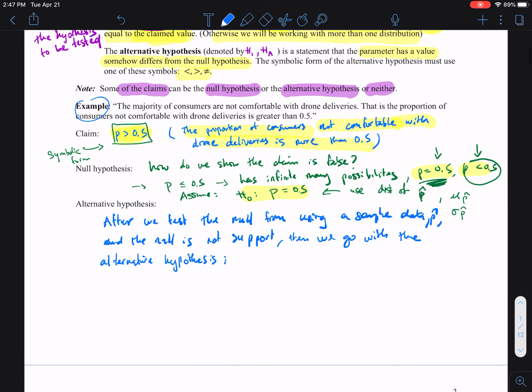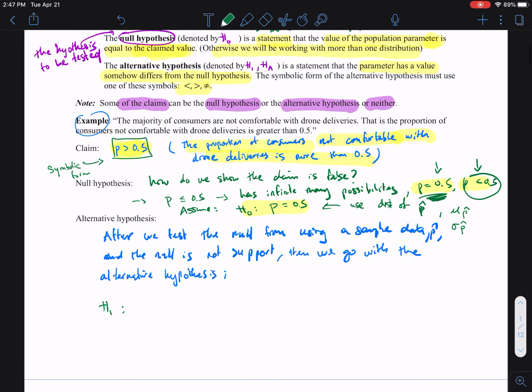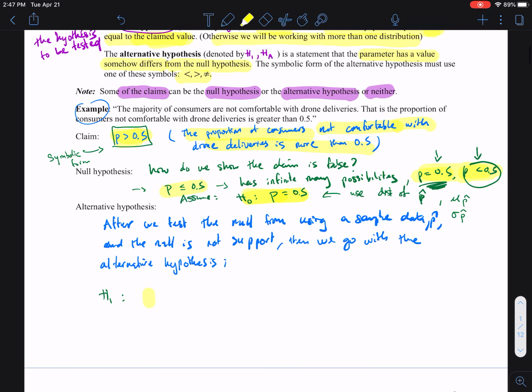We denote that as H sub 1. If we get sample data that doesn't agree with this assumption, we go with the alternative, which is the opposite of the statement p equal to 0.5, which includes the less than 0.5 case. So the alternative hypothesis is p greater than 0.5, which in this case is the same as the claim itself.